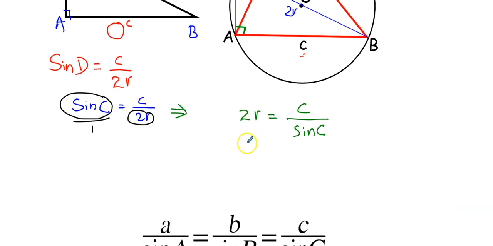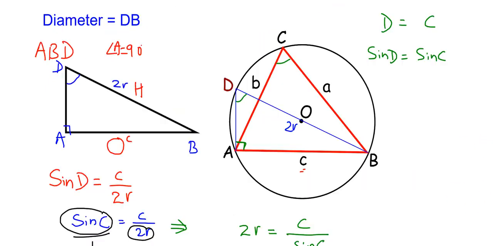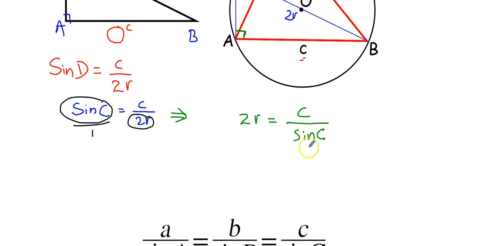Similarly, you can get further, 2r will be equal to lowercase a over sine A. We will be able to prove that a over sine A is equal to 2r, and again 2r equal to lowercase b, the length of b, over sine B in that triangle.